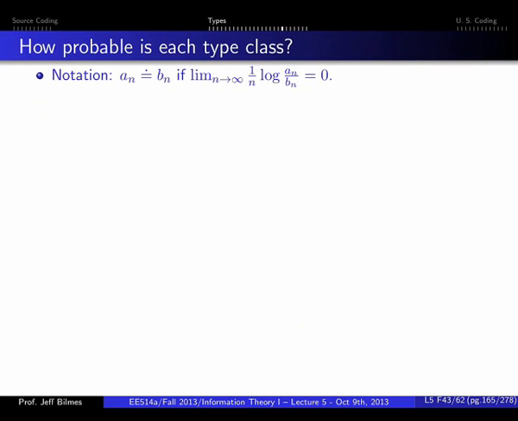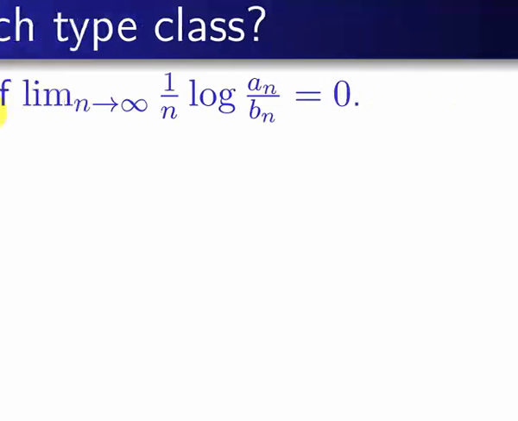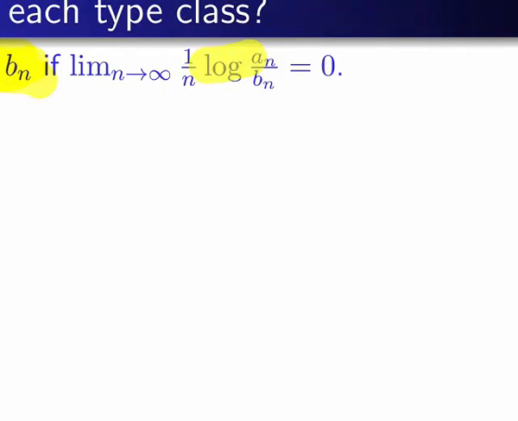Yeah, I want to try to finish this. So a little bit of notation. When we say equals with a dot in it, this is a notation that sort of means equal up to the first power of the exponent, or the dominant power of the exponent. So basically what this really means is that the log ratio of a_n over b_n, as n gets big, divided by n, goes to 0.